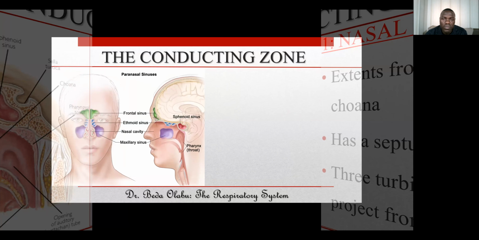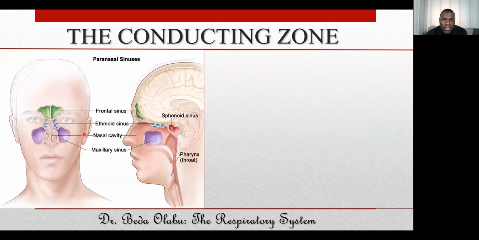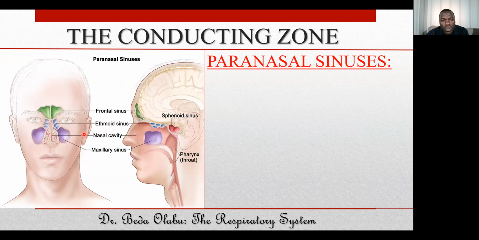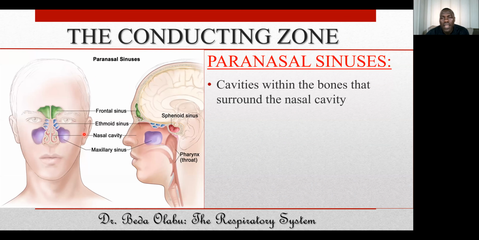There's what we call the paranasal sinuses. What are paranasal sinuses? Paranasal sinuses are cavities within the bones that surround the nasal cavity. They are air spaces which are housed by the bones that are surrounding the nose. We name these air spaces according to the bone that is housing them.